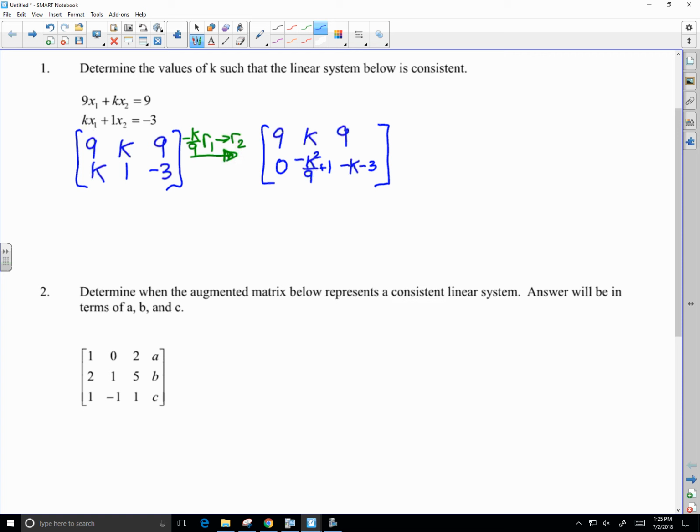I can divide out a 9 in row 1. I don't think it's going to advance the plot, but I'll do it just to make it look a little nicer. So that would be 1, K over 9, 1, and then all this stuff.